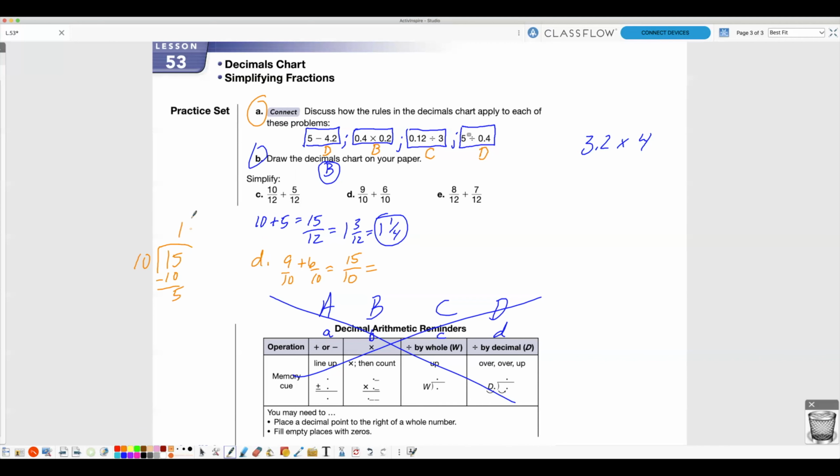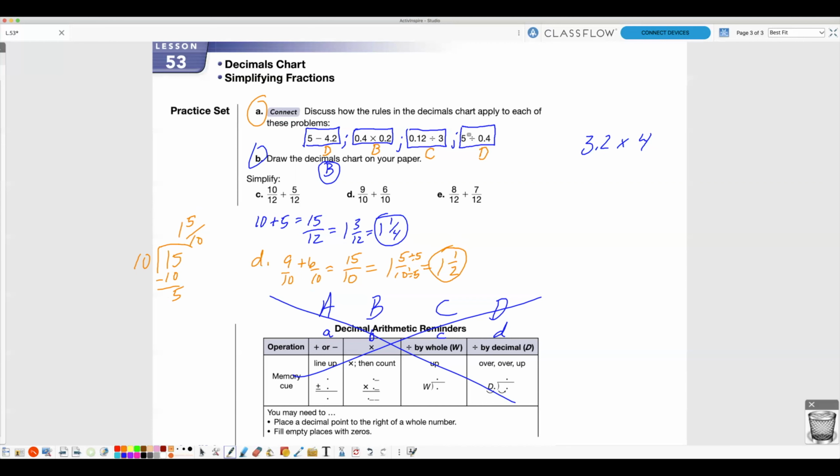I'd have 5 left over, which makes the numerator, and 10 goes in the denominator. So I'd have 1 and 5/10, but then I have to recognize that 5 divided by 5 can be done, and 10 divided by 5 can be done. So I'd have 1 and 1/2 for letter D.